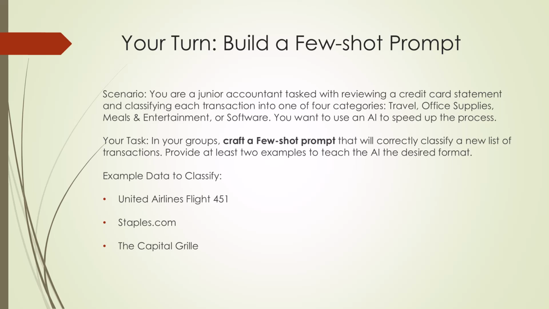Your task is to work in your groups and craft a few-shot prompt that will correctly classify a new list of transactions. Be sure to provide at least 2 clear examples to teach the AI the format you want it to follow. Your new data to classify will be United Airlines Flight 451, Staples.com, quote, and the Capitol Grill.